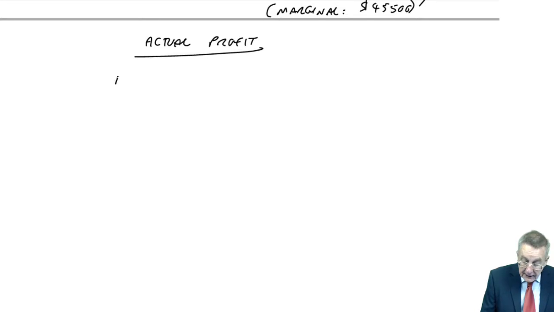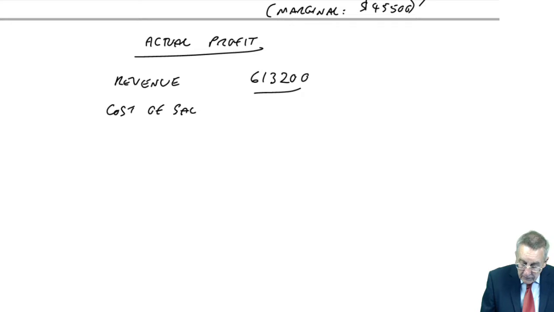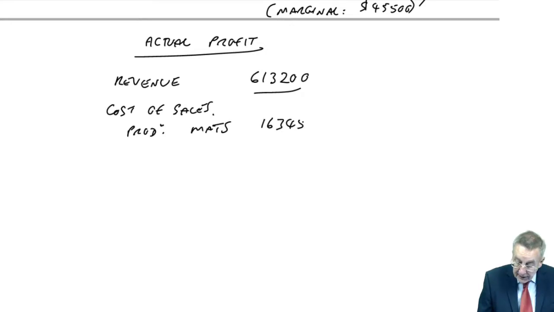On the actual results, the revenue, 613,200. The cost of sales, well, we take the cost of production first, and the materials, 163,455. The labour, 224,515.